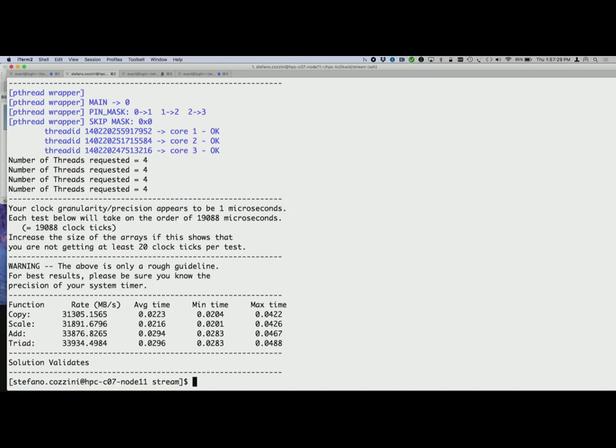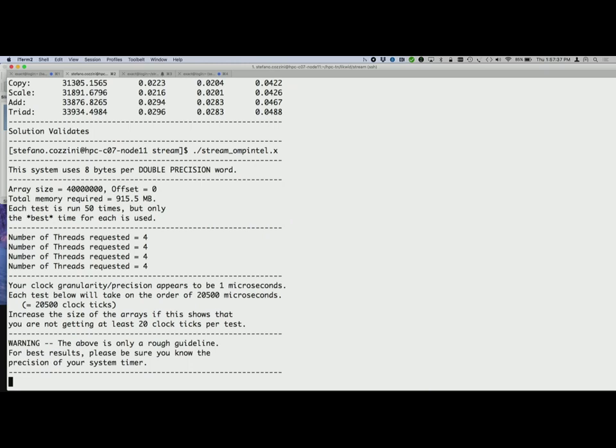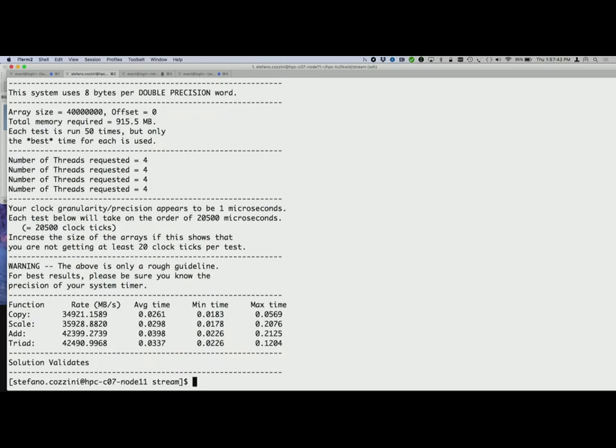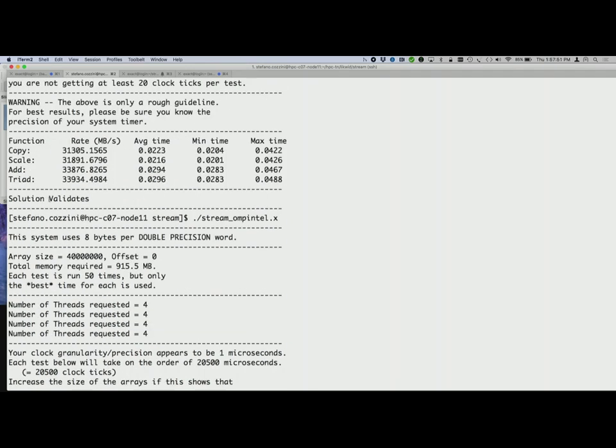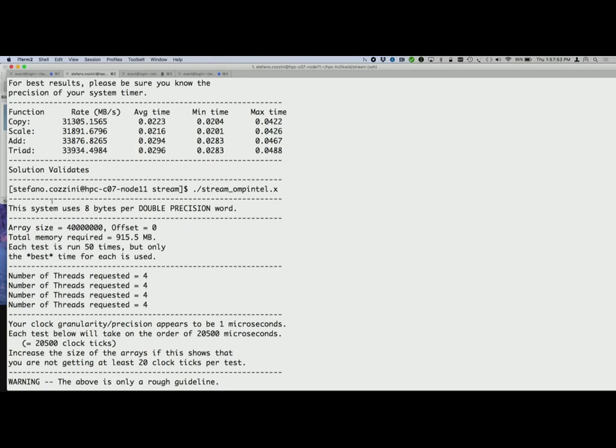You see, things are... If I run this way without any suggestion, it's much better. Well, much better. Yeah, 10 gigabyte.